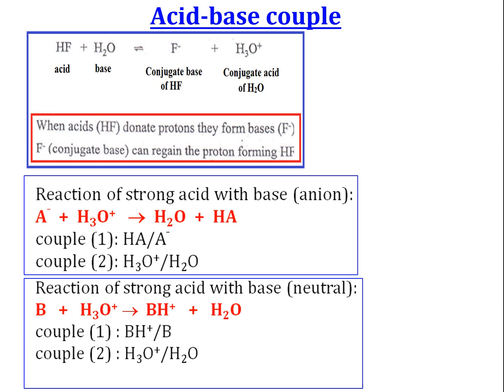And if you have a base, it will be transformed to its conjugate acid. To find the acid-base couple, if you have an acid, you remove H+, you find the conjugate base. If you have a base, you add H+, you find the conjugate acid.